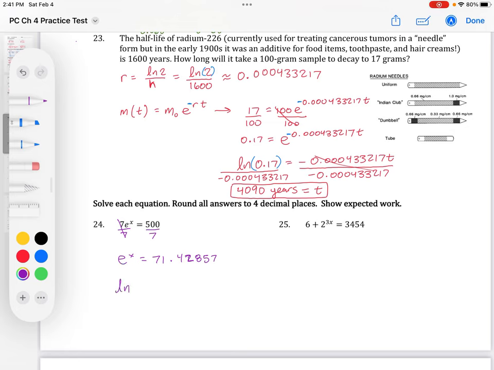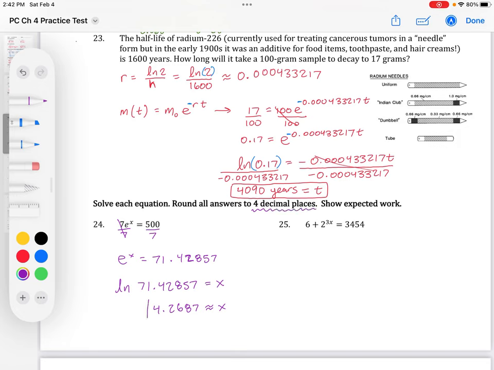Now we can change it to a log. So we have the natural log of 71.42857 is equal to x. If you plug the ln of that number into your calculator, you get 4.2687 is approximately equal to x.